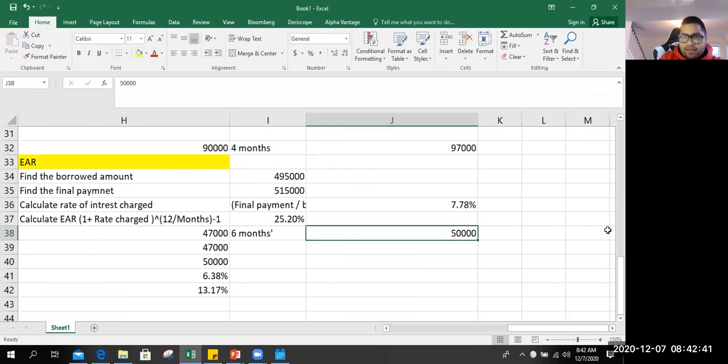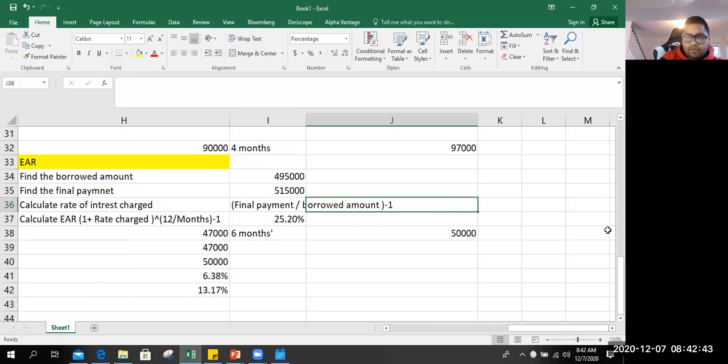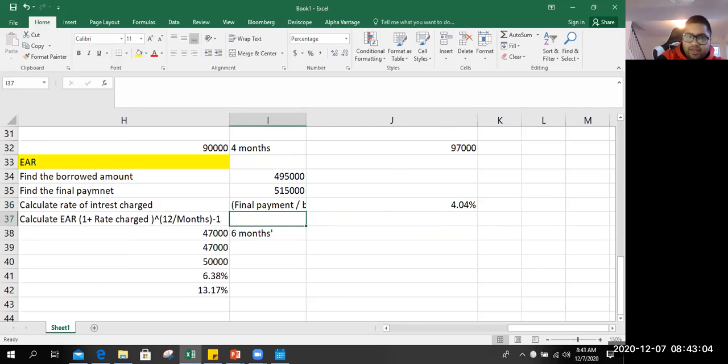How to do that? Calculate the interest charge, that will be 515 divided by 495 minus 1, and then calculate the effective annual rate.